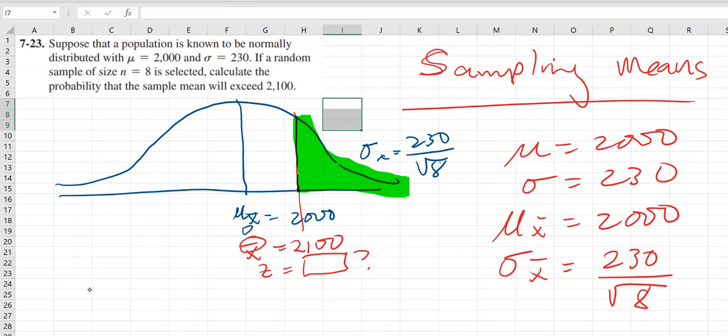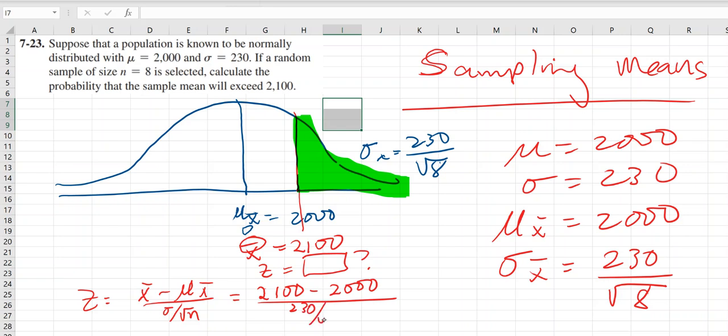And to do that, I know that z equals x bar minus mu x bar over sigma over root n. So in this case, x bar is 2100 minus 2000 divided by 230 over square root 8. And I'm going to compute that for you. And I find that this is 1.23.